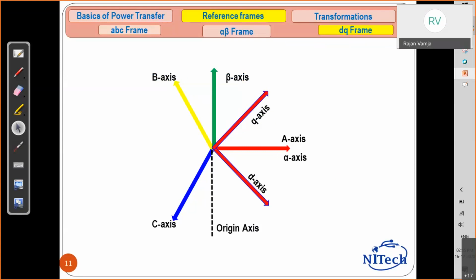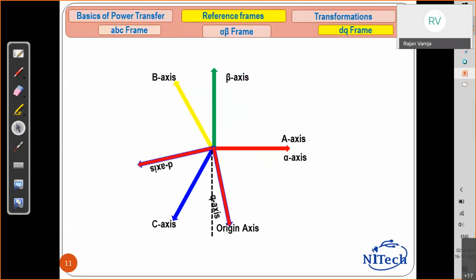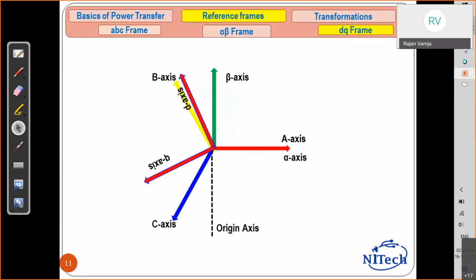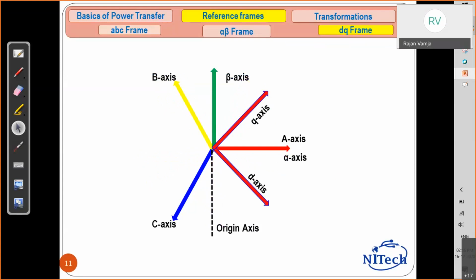Beta axis, origin axis, and DQ axis. If I see collectively, the DQ axis is rotating, whereas the speed of the D axis should be the same.